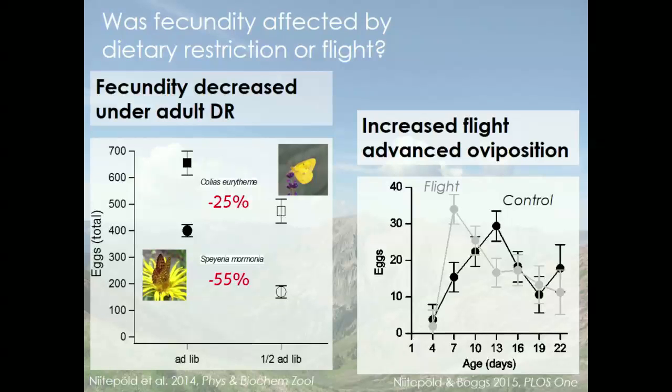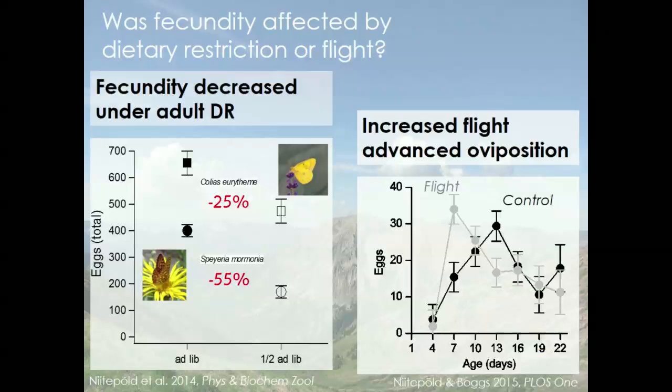How was fecundity affected by food restriction? Here on the left, we have data from Coleus eurythemi and Spirea mormonia, and I've plotted the total number of eggs laid by individuals in the food restriction experiment.